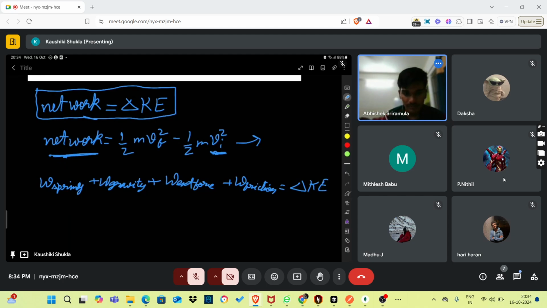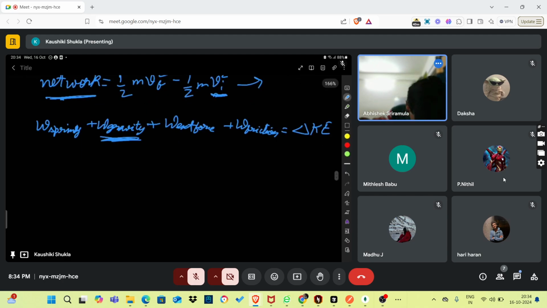So where is potential energy? Where are other forms of energy? Well, potential energy is basically, for example, if we take gravitational potential energy, it is the negative of work done by gravity. Work done by external force is equal to the change in potential energy.